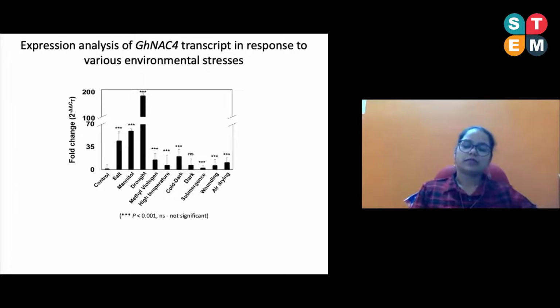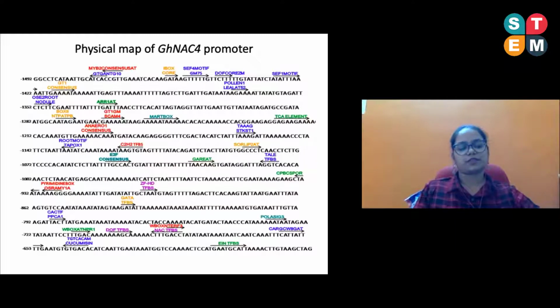After this, we analyzed the promoter sequence of this particular transcription factor. We isolated 1500 base pairs upstream, predicted the transcription start site, and identified all the cis-acting elements present in this promoter.